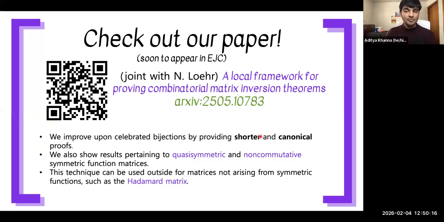And our paper gives new bijections, which are more concise and canonical because of the involution that we get. And another really interesting thing is that this doesn't need to apply to only matrices coming from symmetric functions. Other matrices which are recursive, such as the Hadamard matrix, can also be used in this framework.